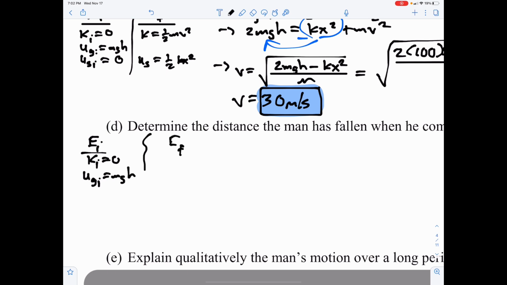The final energy, the kinetic energy comes to 0 again. The gravitational potential energy, there is none. And the spring potential energy is going to be 1/2 kx squared, but the x, this is where it's different. x at this point is going to be h minus L.